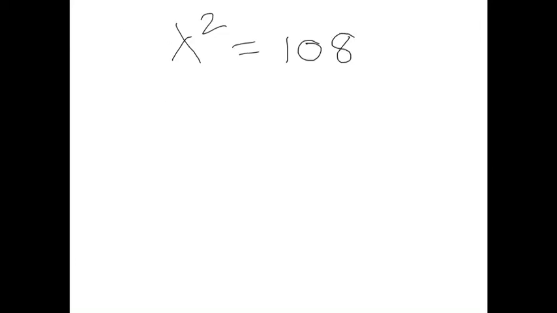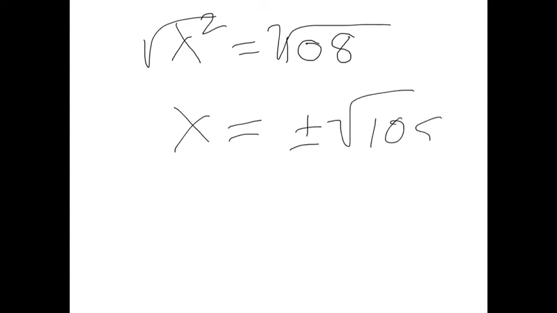So here's how this links to what we did in the last video. If you were asked to solve this equation, you would take the square root of both sides because that's the inverse operation of squaring. And when you did that, you would get y equals plus or minus the square root of 108.